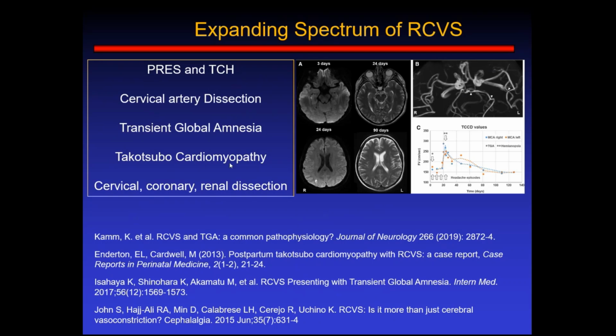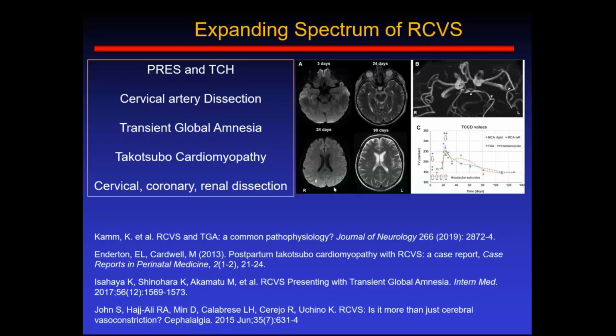I think I mentioned the patient with TGA who had narrowing of the PCAs. Interestingly, Takotsubo cardiomyopathy, which you might be familiar with as the voodoo heart syndrome with sudden grief or sudden anxiety, you might get ballooning of the left ventricle, the apex, which resembles that of the octopus. People have proposed that you can get Takotsubo and RCVS in the same patient, and I've seen a couple.